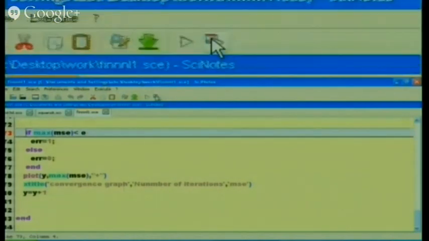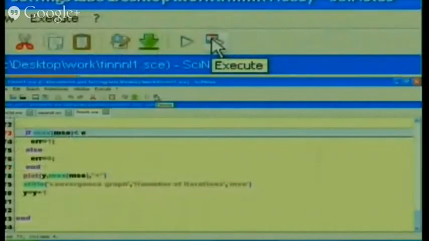Let us execute this program. When you execute it, the program will converge to a minimum value of error. That minimum value of error will be achieved, and at that point we get the optimized weights.